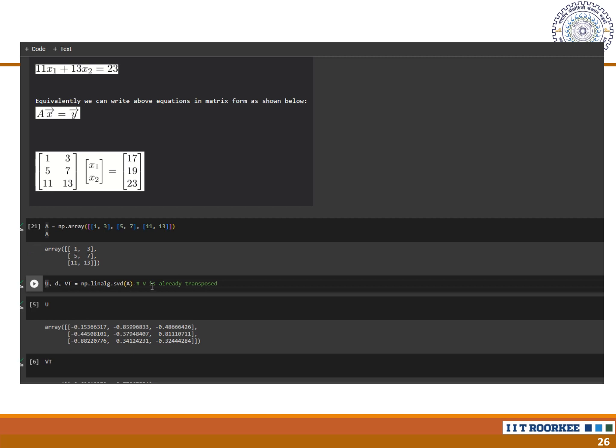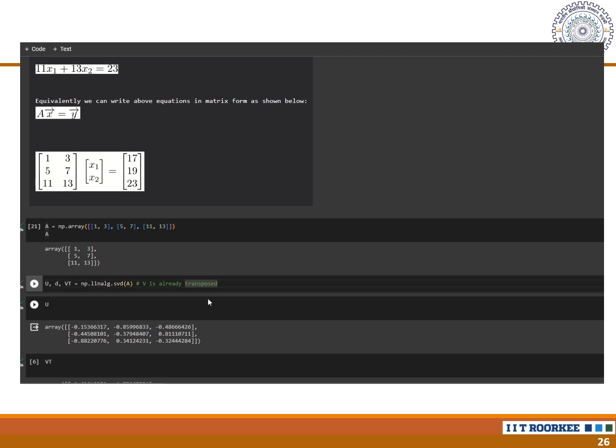So we're gonna first find the singular value decomposition of matrix A. Okay, so to find the singular value decomposition, I'm using this function, np.linalg.svd. Basically, SVD is an inbuilt function in the NumPy linear algebra library that we can use to find the components of singular value decomposition.